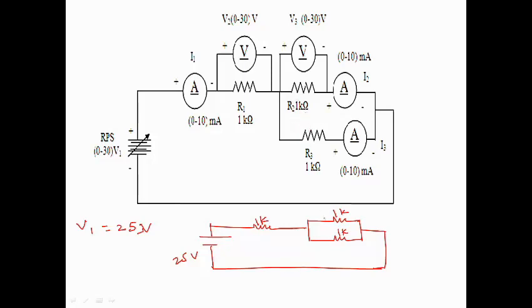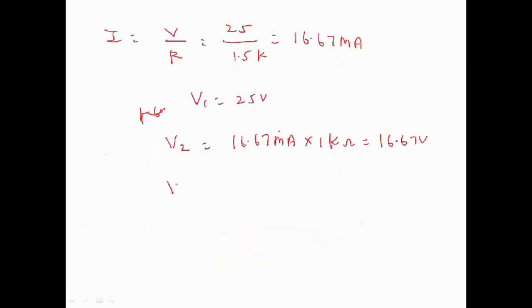So V3 is the parallel combination of these two resistances into current. So 0.5K into 16.67 mA, it is 8.335 V. So now you can apply KVL.